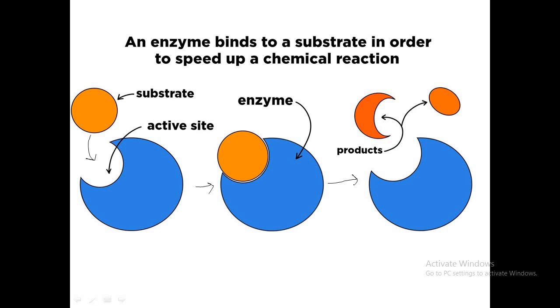Enzymes are basically biocatalysts, and inside our body lots of biological reactions take place, and this biocatalyst enzyme speeds up the rate of reaction. Now the question comes, what is the role of inhibition here? If you look at this figure, the reaction ends with the formation of product.